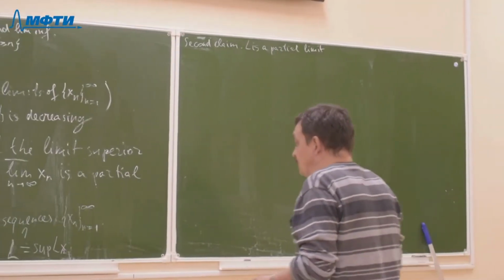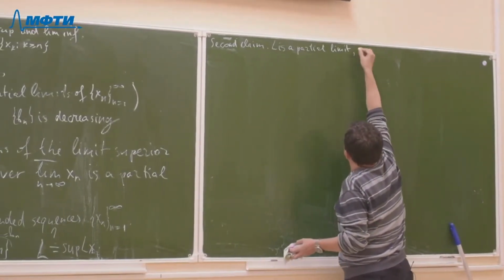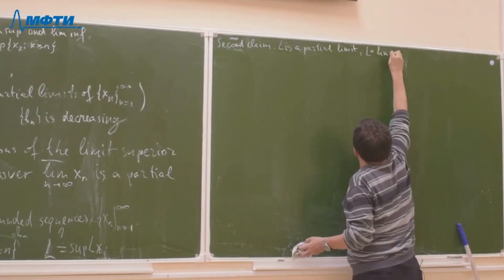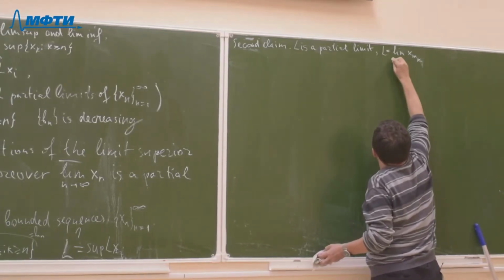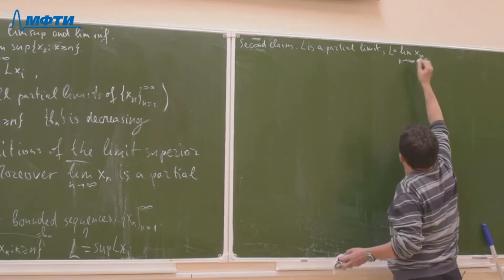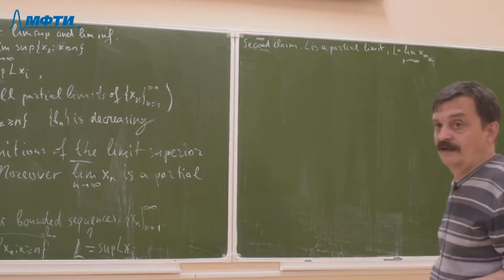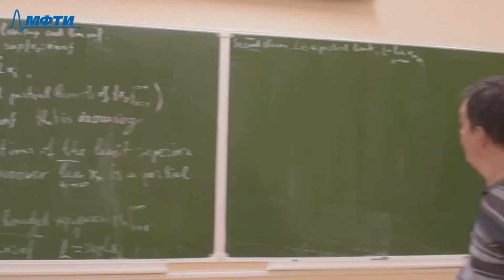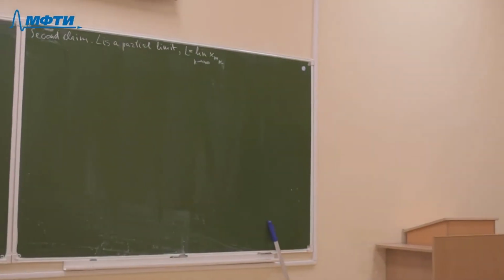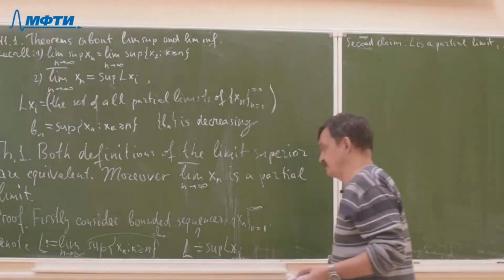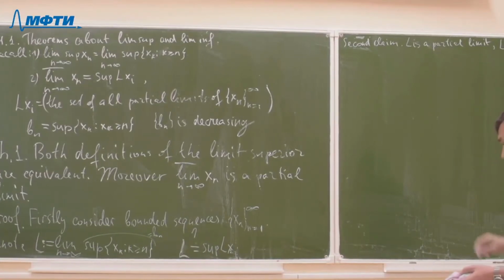Okay, look, so it means we want to construct a sequence x_{m_k}, such that the limit of x_{m_k} is equal to capital L. So look at the definition of capital L. That is a limit of a sequence.